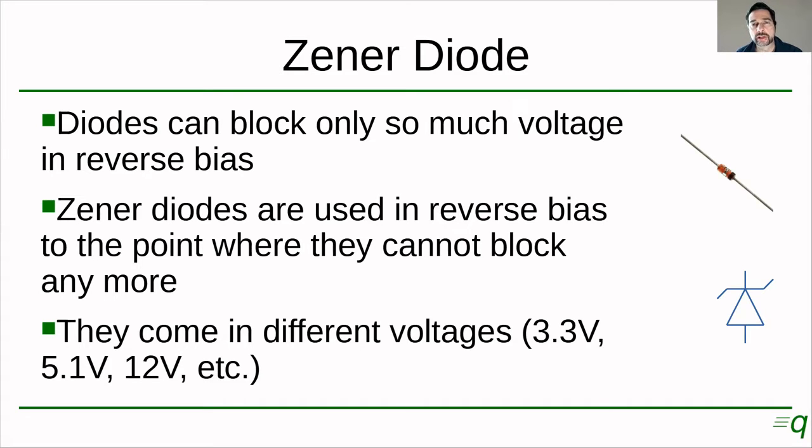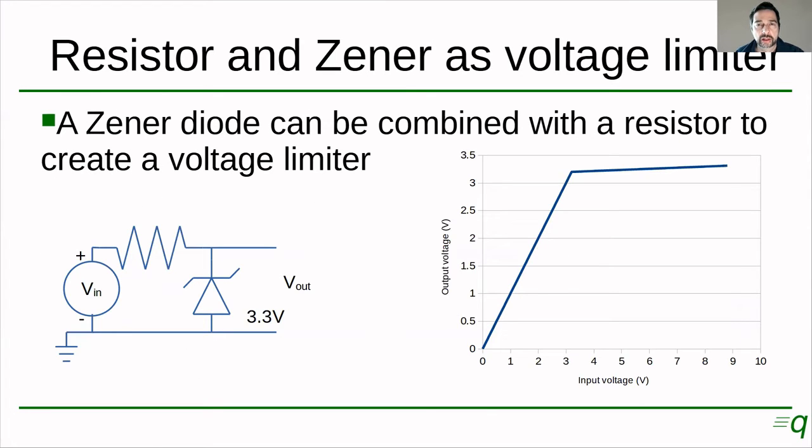Okay, so let's see how we can use one of these Zener diodes. A Zener diode can be combined with a resistor to create a voltage limiter, and this would be the circuit, for instance. So we have an input voltage which varies, and then a resistor, and then our Zener diode.